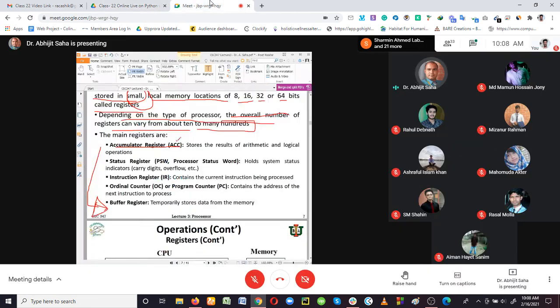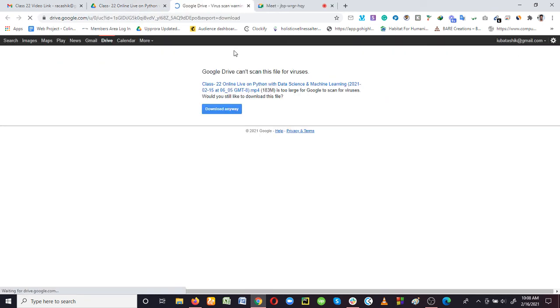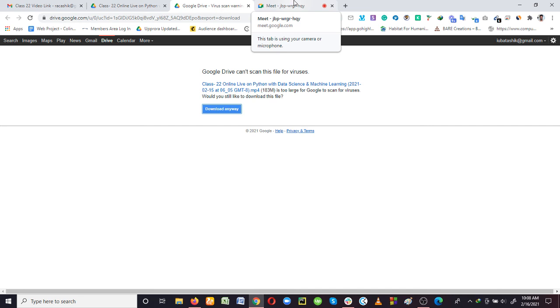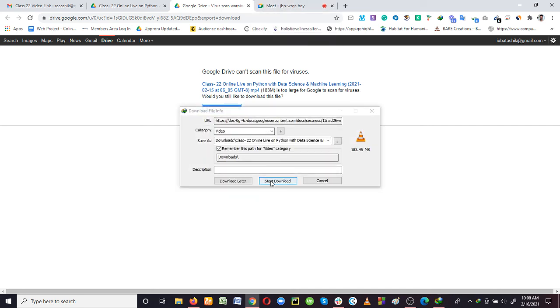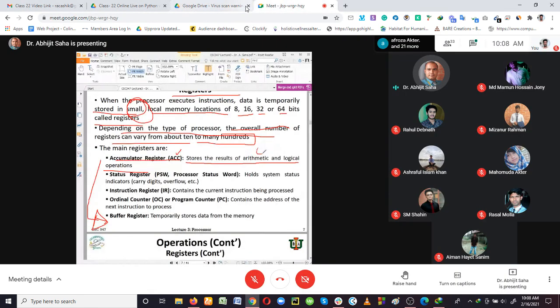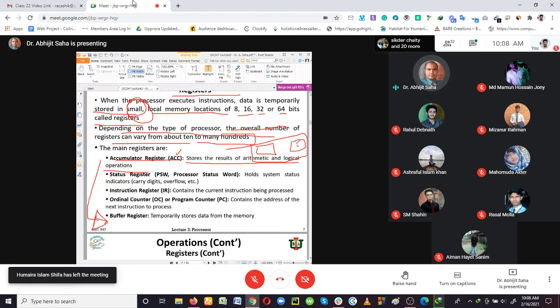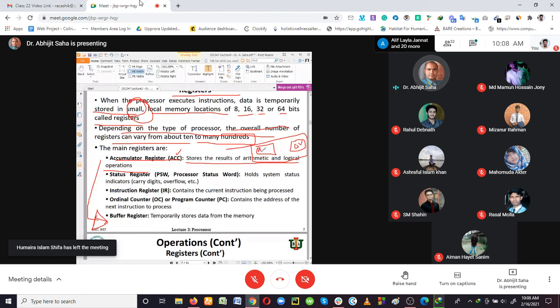It starts with the accumulator register, that is called the ACC register. What it does is store the result of arithmetic and logical operations. We have already said, with the example 3 plus 5 equals 8, that the execution unit of the processor has the CU and the ALU.